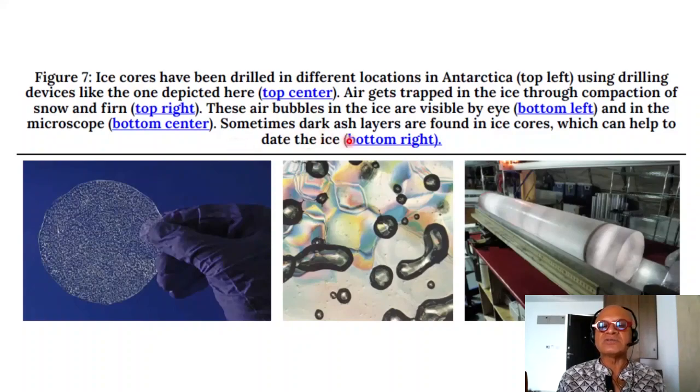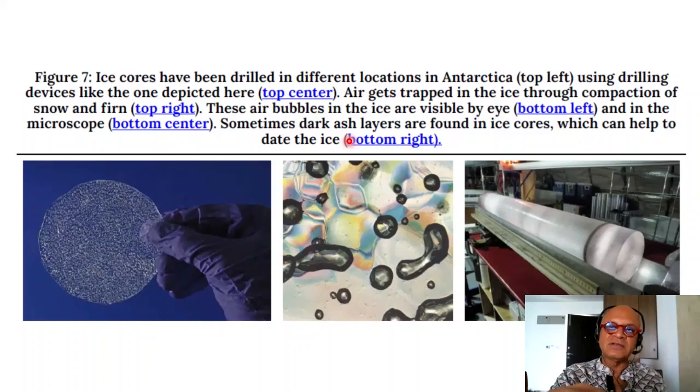Sometimes dark ash layers are found in ice cores, which can help to date the ice because they correspond to volcanic eruptions. The dust content changes, which changes the conductivity of the ice. Pure water is not a good conductor, but salts and materials like dust make it more conductive.